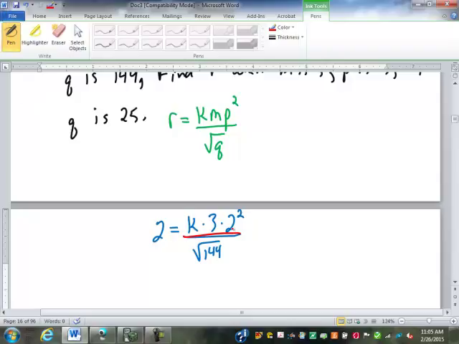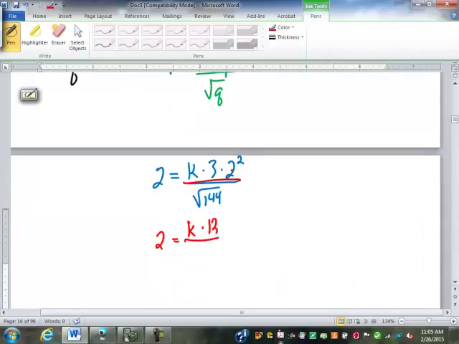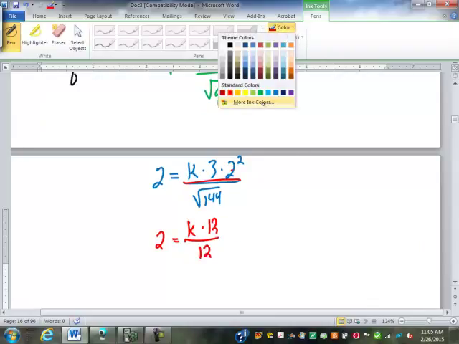If you go back to your order of operations, it means we have to do everything we can on top first. Then we do everything we can on bottom, and then we divide if we can. So on top, obviously we can't do anything with the K, but we do have 2 squared is 4 times 3 is 12. So that's K times 12. On bottom, we have the square root of 144, which is 12.